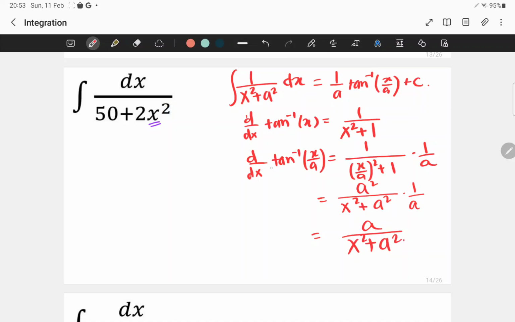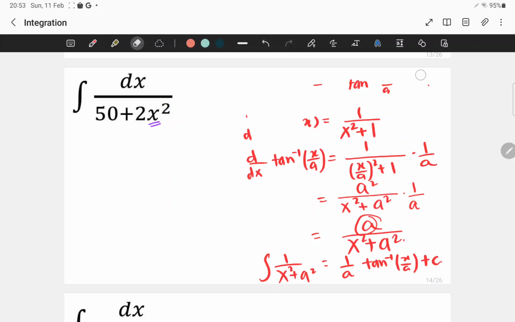So that's why when we do integration of 1 over x square plus a square, our answer is 1 by a tan inverse x by a plus c, because this a will go to the other side. So let's erase this formula now.